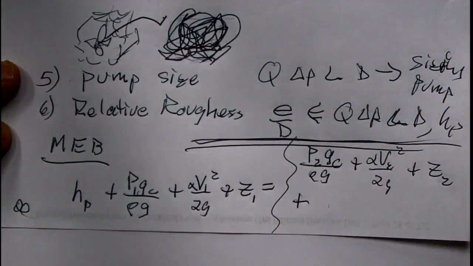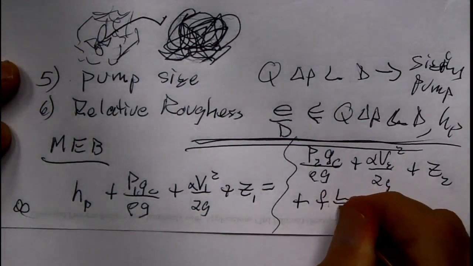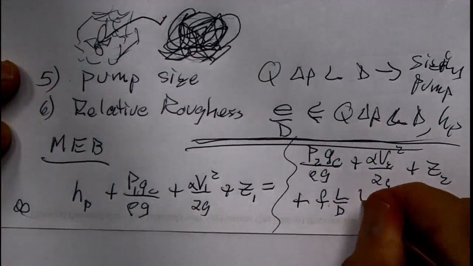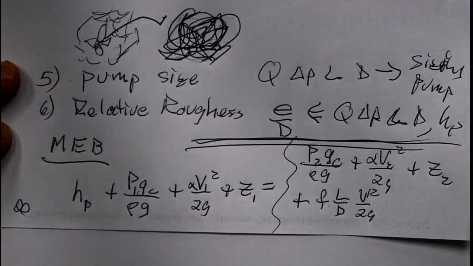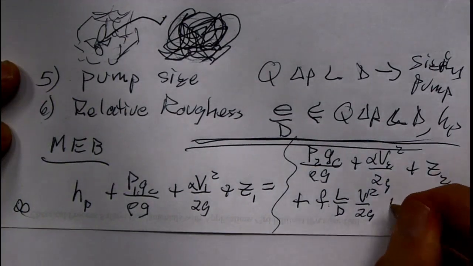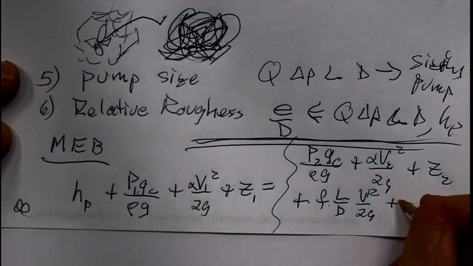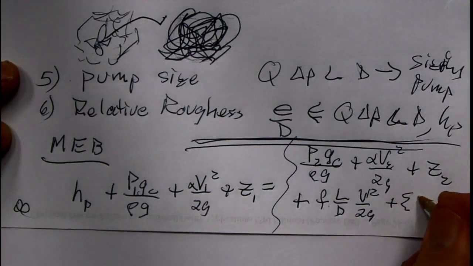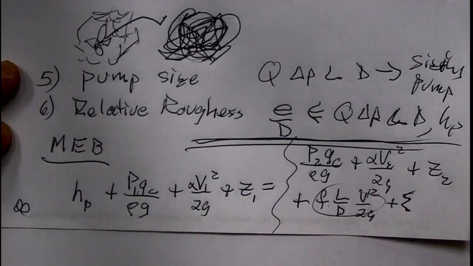And then we have friction. And friction is often written as friction factor, length over diameter, velocity squared over 2g. That's one way of writing friction. And then the other way of writing friction would be summation of all the minor loss terms. This is a major loss, major frictional loss.